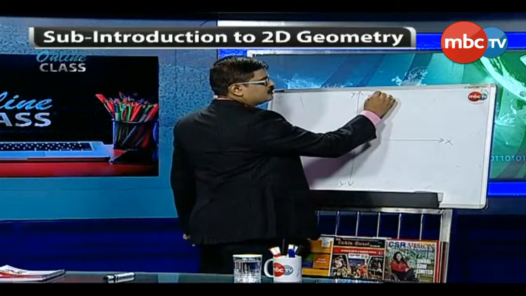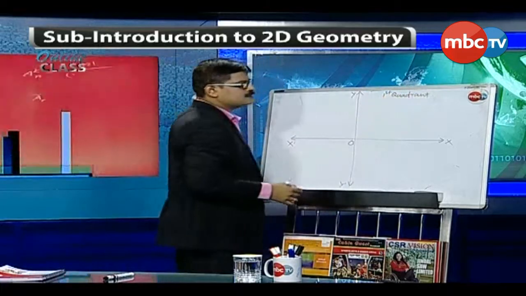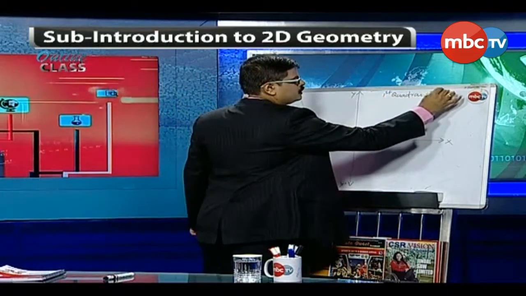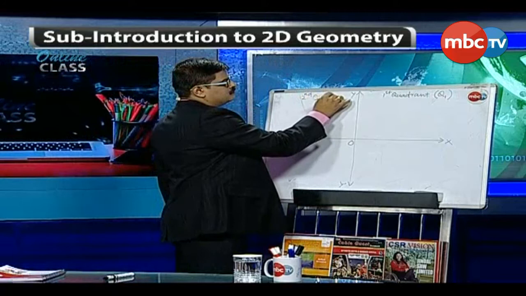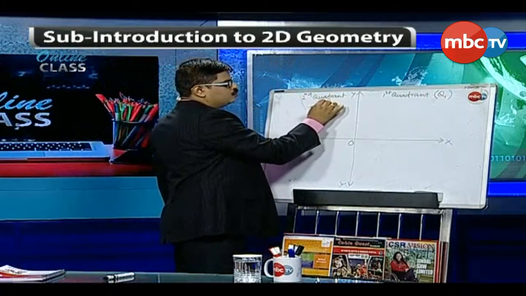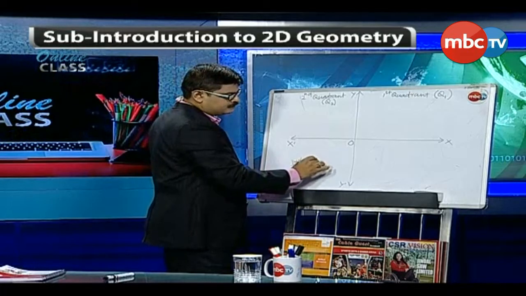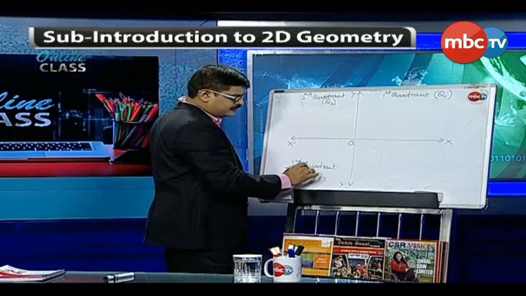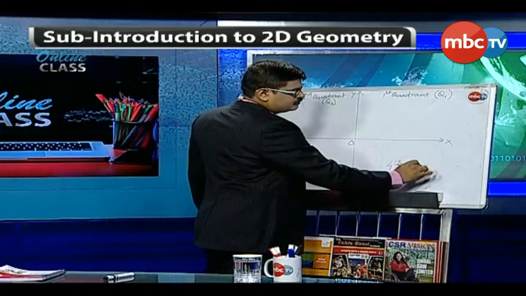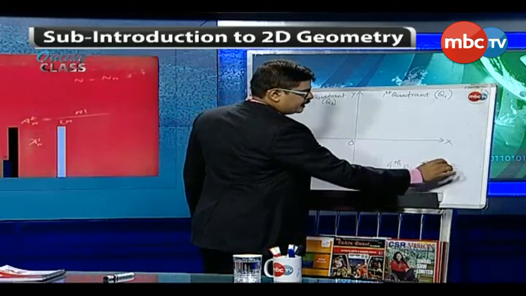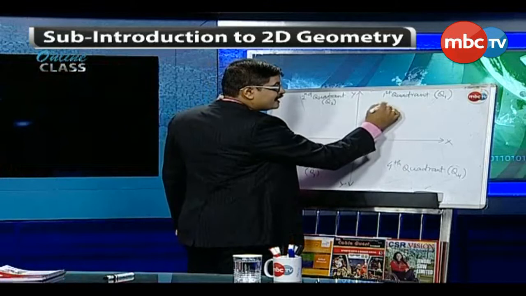So, this region, this is called the first quadrant, or we write sometimes Q1, this is the second quadrant, or we write Q2, this is the third quadrant, or we write Q3, this is the fourth quadrant, or we write Q4.